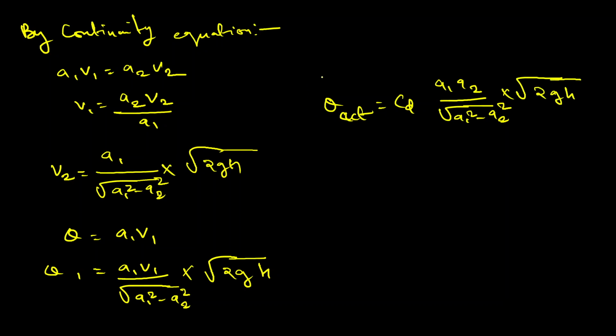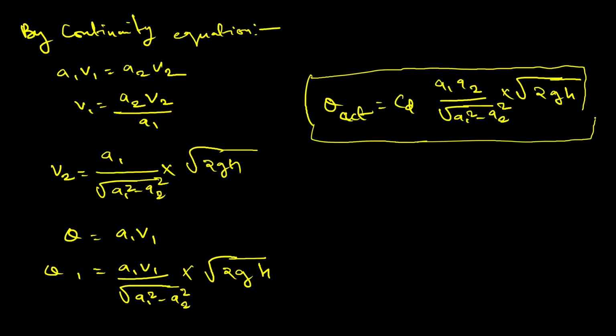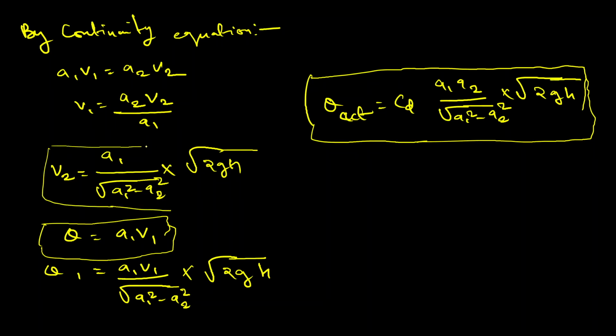This will be our Q actual, the actual discharge of this equation, and this one is the theoretical discharge. These all are formulas here. If we have to find out the velocity, then we can use this formula.